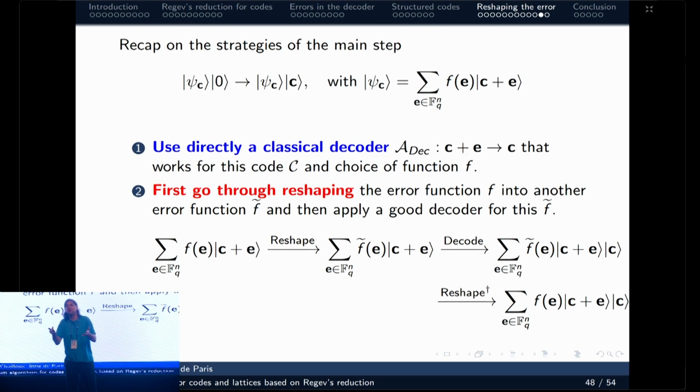You take your function f, which you won't use directly because the corresponding f hat is what you really want, but you apply this reshaping measurement so that you transform f into another f tilde, which you can do somehow unitarily, and for which the classical decoder will work much better, right? You transform this binary symmetric channel into this erasure channel. And then you go back and you recover the state you want at the end.